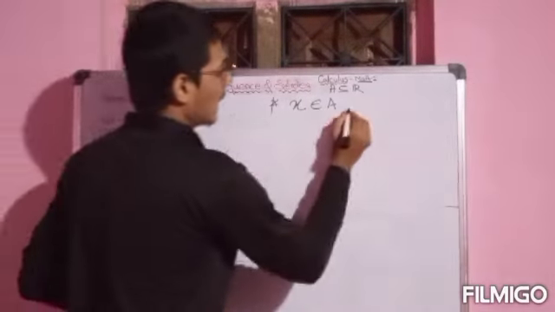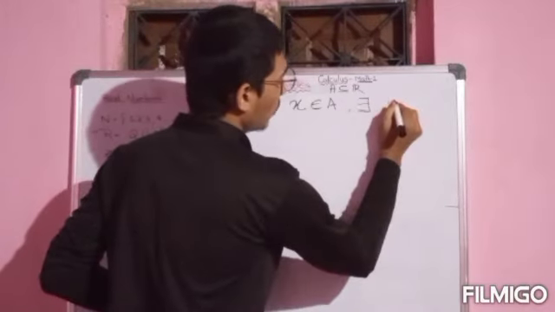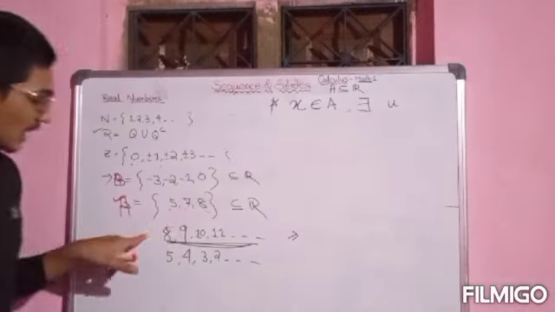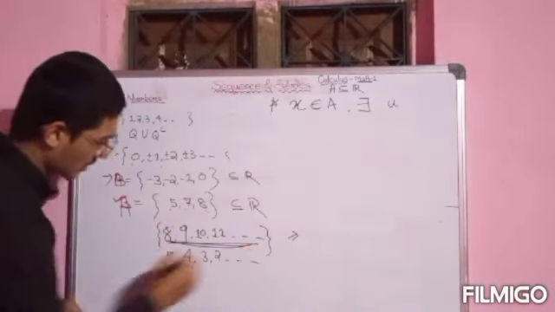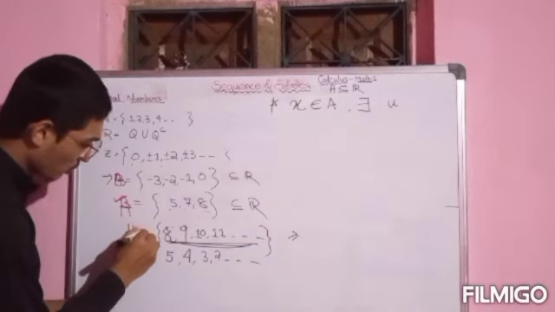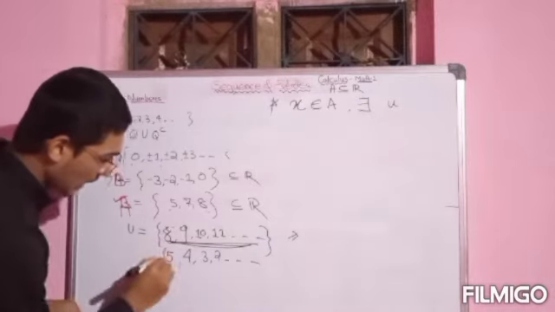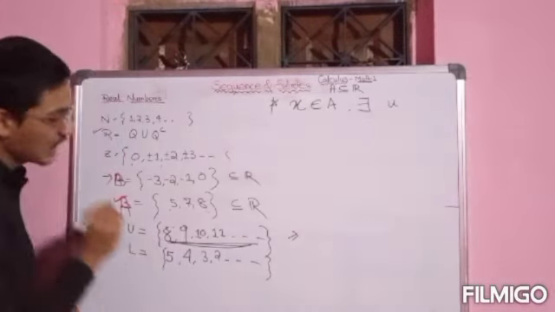If there exists at least one, I'm denoting it U. I can write this in the form of a set, and I can write another set too, which I'm writing as L.